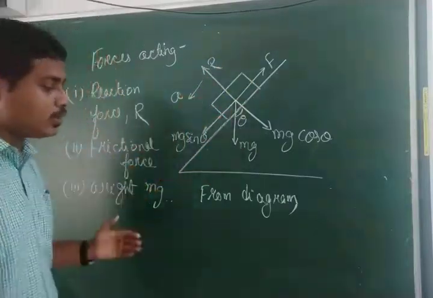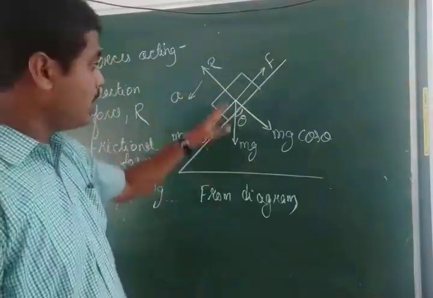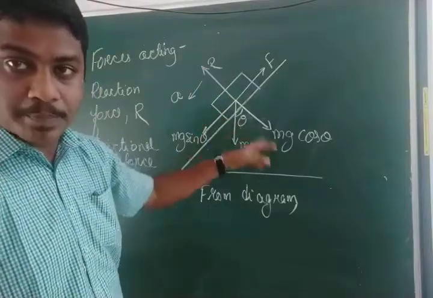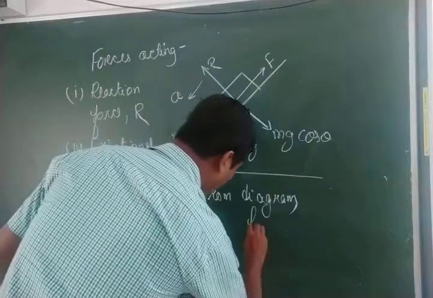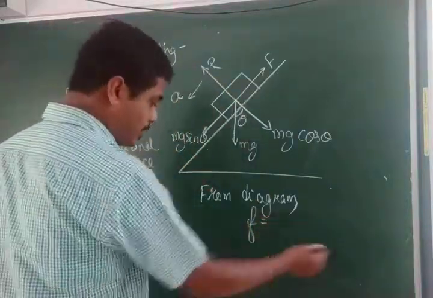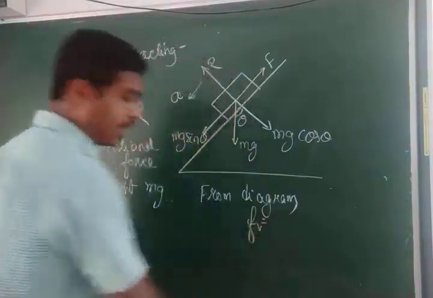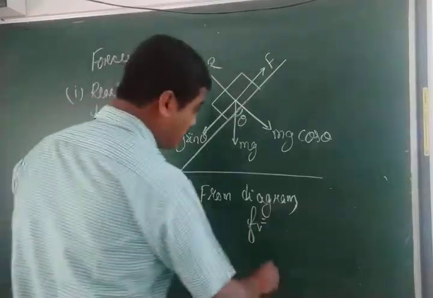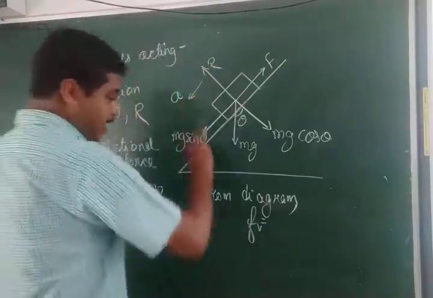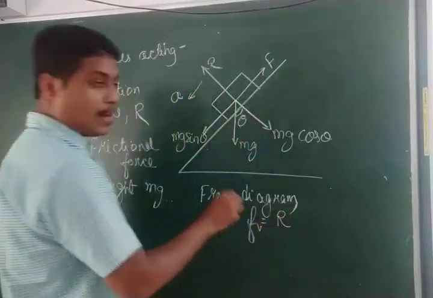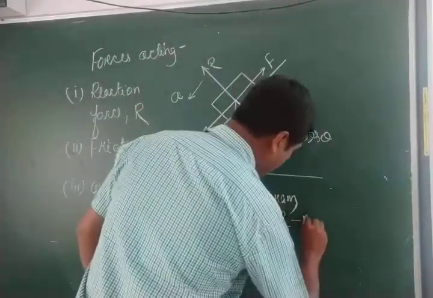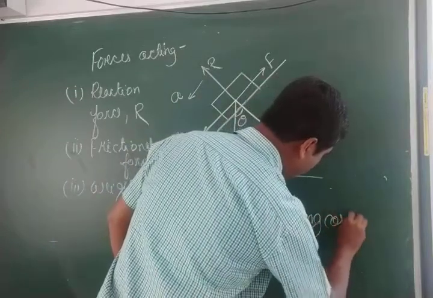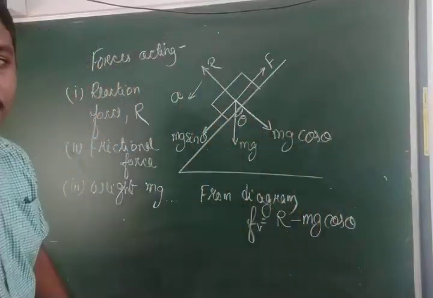So if I calculate the total force acting along the vertical direction, F vertical, here I can write reaction force minus mg cos theta, because one is above and the other is below, so the directions are different.